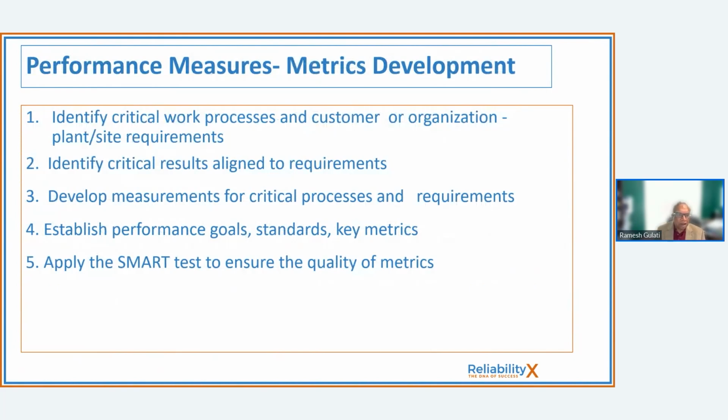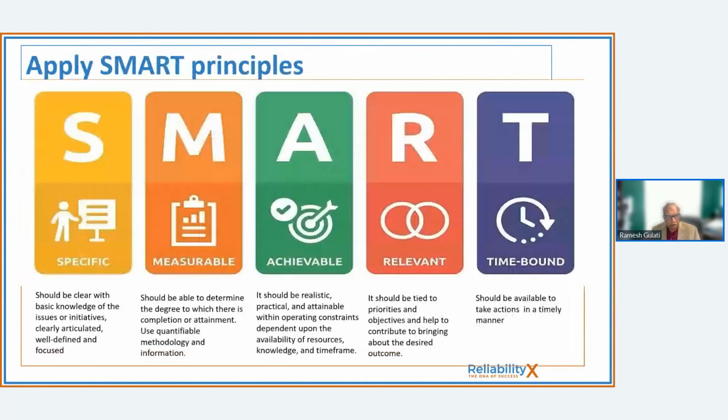Apply SMART tests to ensure the quality of metrics, that the metrics are the right ones. What are those SMART metric principles? SMART: be specific, measurable. This should be achievable. Sometimes we set our metrics to go to the moon, but try to make them achievable.